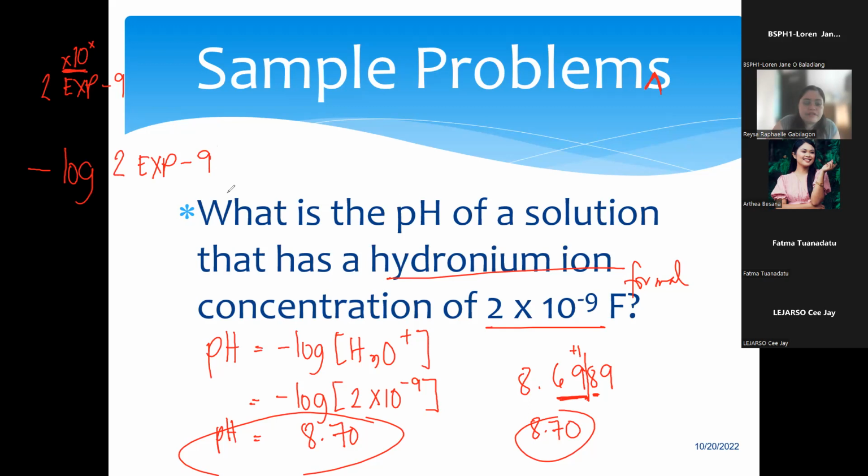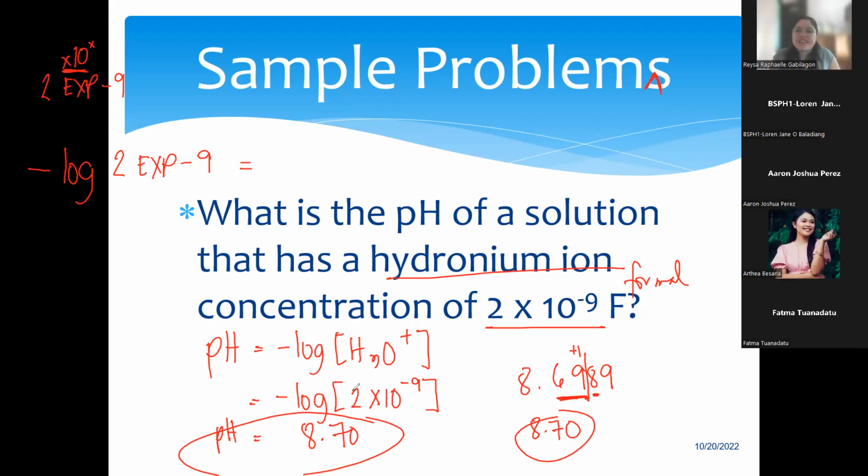Lagay nyo yung -9 and then equals. Okay? And then you will get this answer. And that is the pH of the solution with the hydronium ion concentration of 2 times 10 raised to the power of -9.